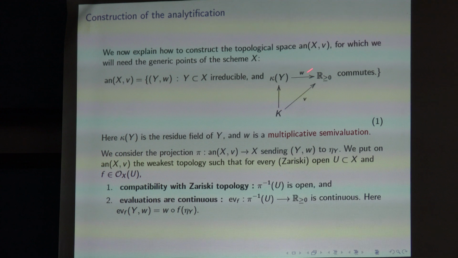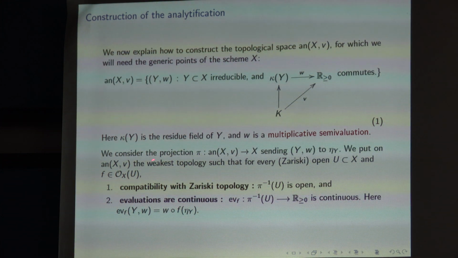Remember that your field comes equipped with this data, and then you just complete the triangle by asking some commutativity here. So here, as I say, ky is the residue field of y, and w is just a multiplicative semi-evaluation. This is just an absolute value which departs from your field, and you allow it to have a kernel in the ring of which this is the fraction field.